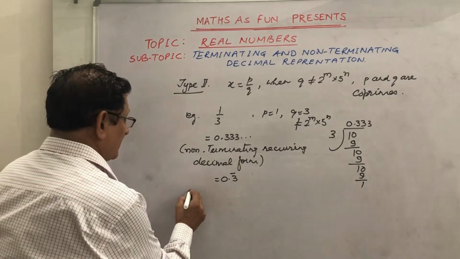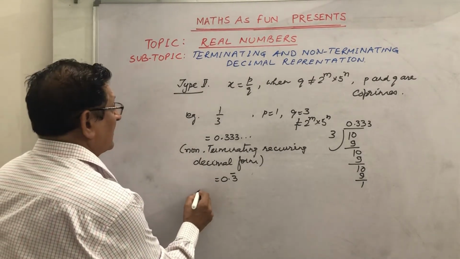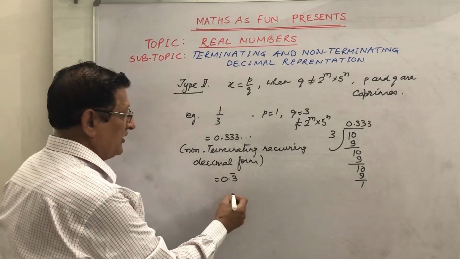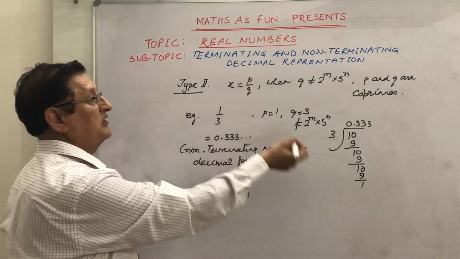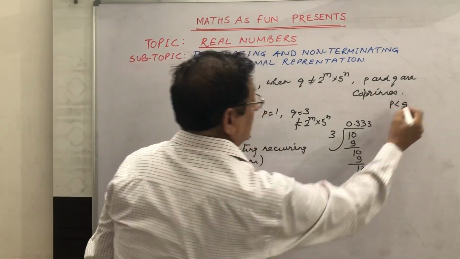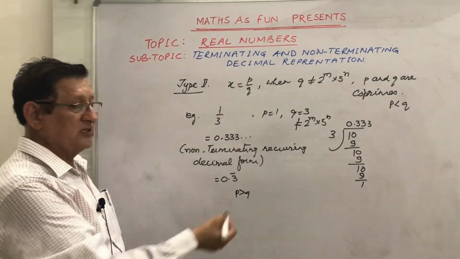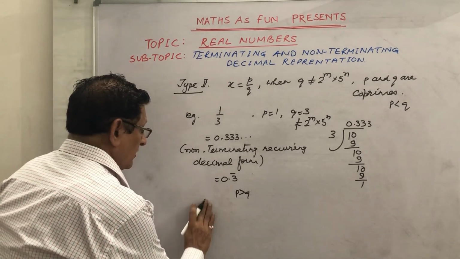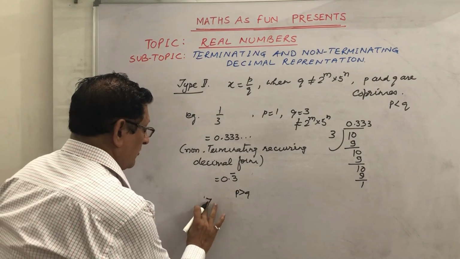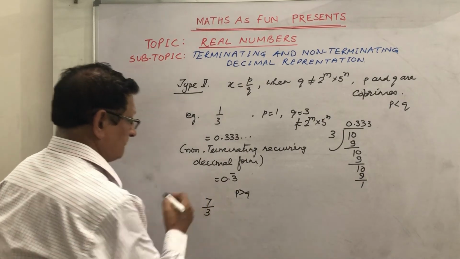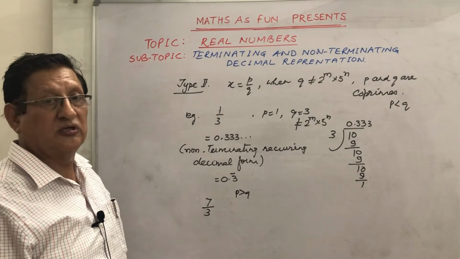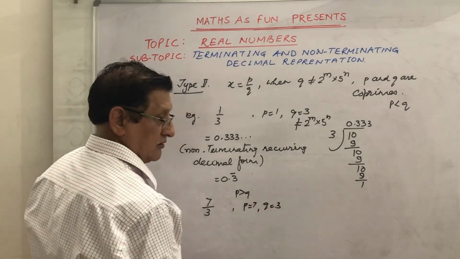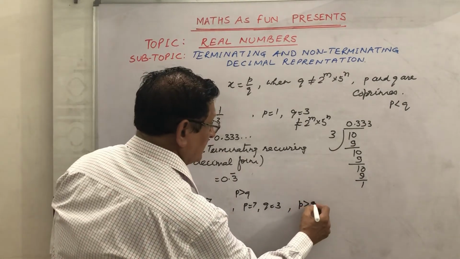Let's take one more example of this. Now I told you the second one, when p is greater than q. In the previous one we had p less than q. Here we will have p greater than q. Suppose we have 7 upon 3. Here p is 7, q is 3, and p is greater than q.